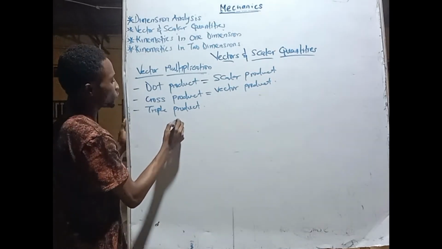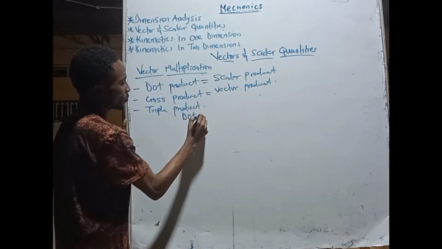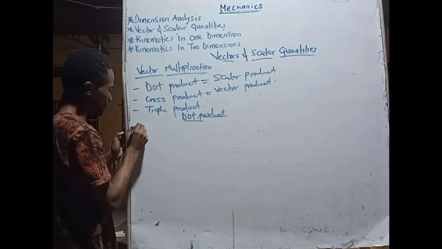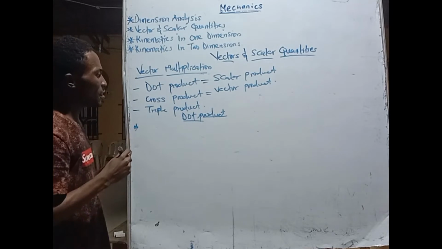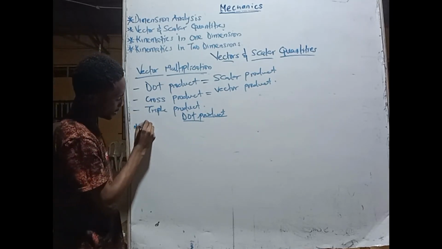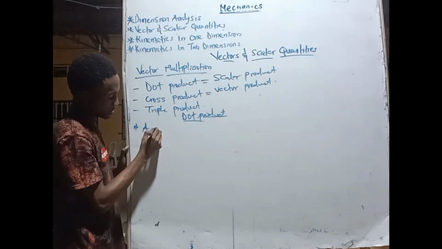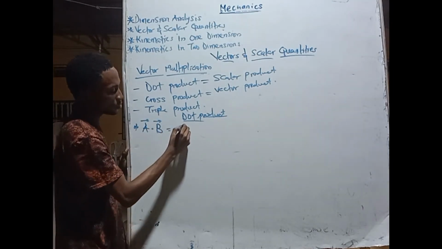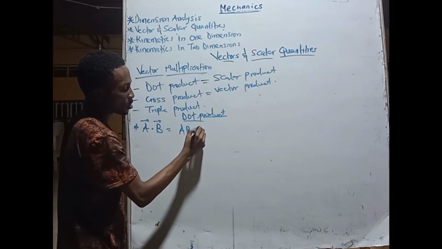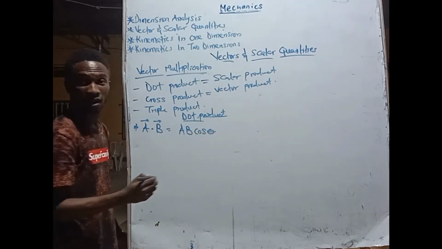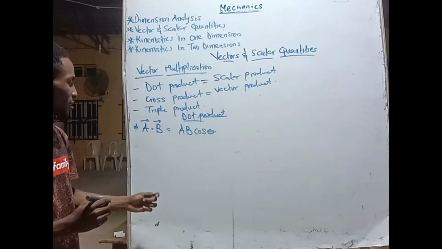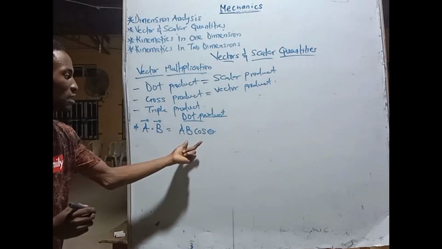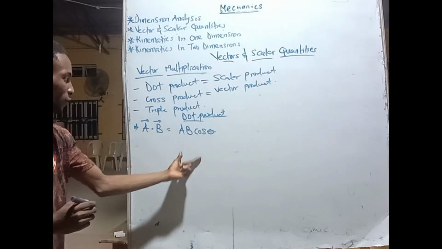Dot product: vector A dot B equals AB cos theta. Do you get that? Vector A dot vector B equals AB cos theta. This is for the dot product.